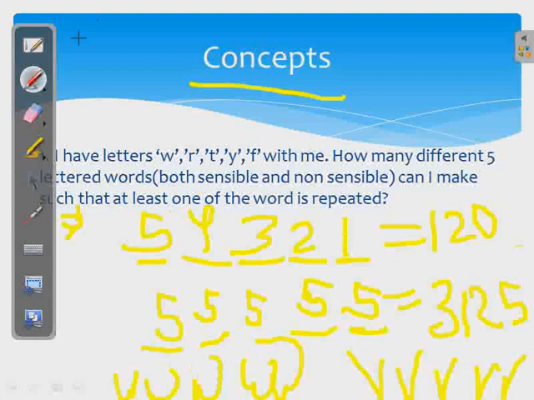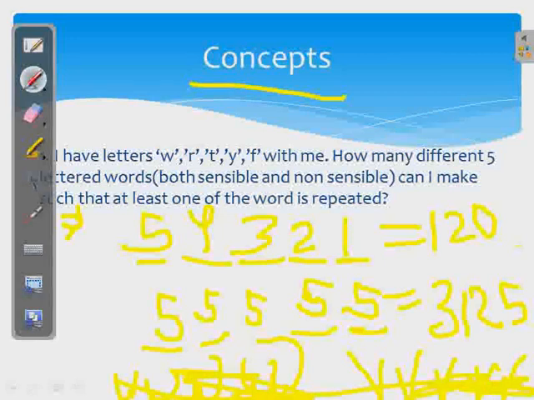So these 120 words are the words without any letter repeated, and these 3125 words are the words such that any letter can be repeated. There can be 2 letters repeated, there can be W, W, T, Y, F, or R, R, T, Y, F or anything of such. This can have all 5 repeated as well.